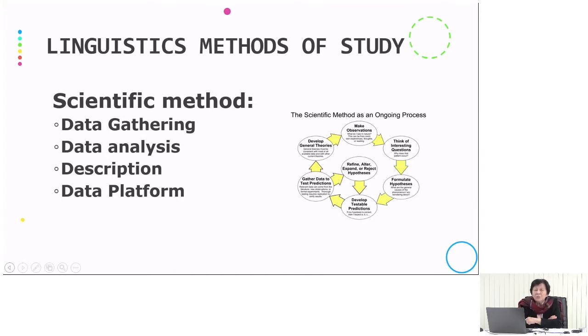When you go out to the community, and if you would like to apply your anthropological linguistics to an unknown tribe, an unknown group, you have to try to use scientific method to study there. It means that first of all, you have to get enough data to analyze. See? That is what we call scientific method for social sciences.